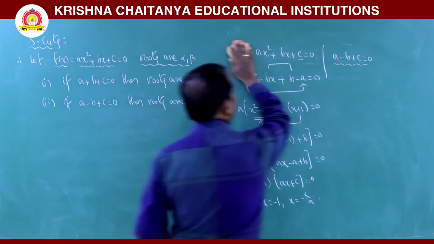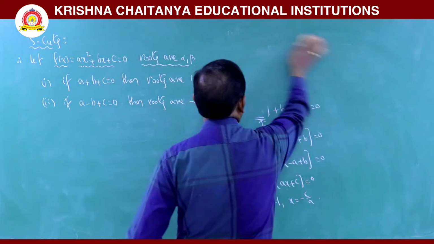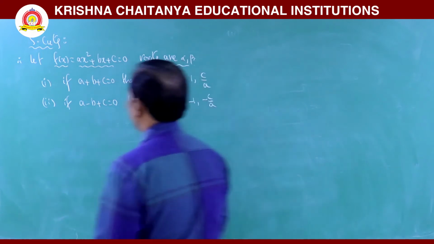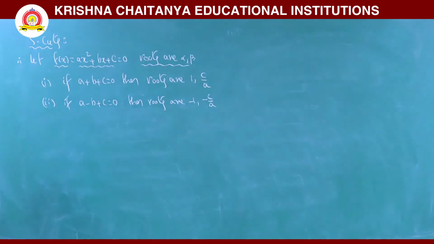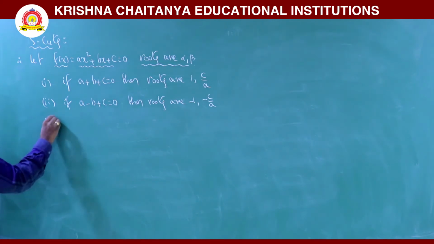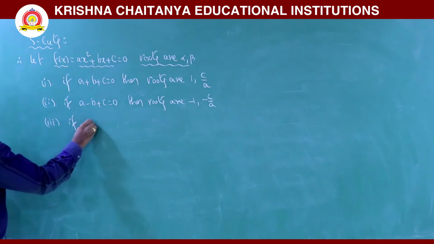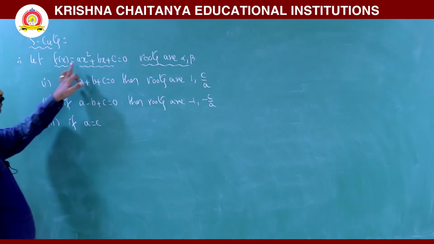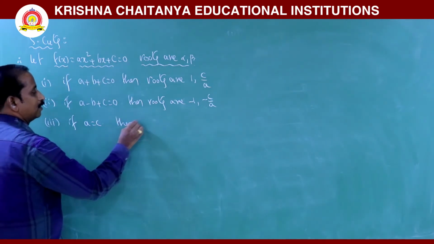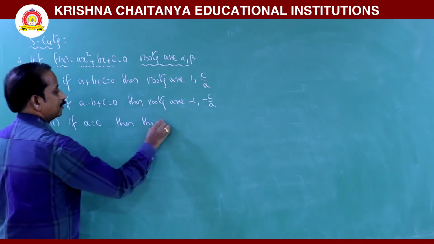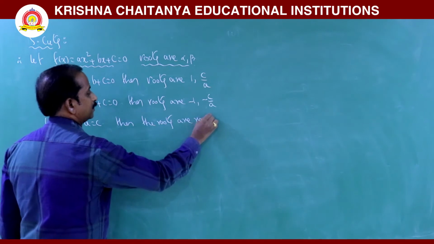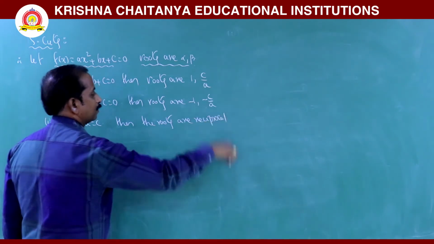Now we move to the third condition. What about the third condition? If a is equal to c, in this polynomial a is equal to c, then the roots are reciprocal.